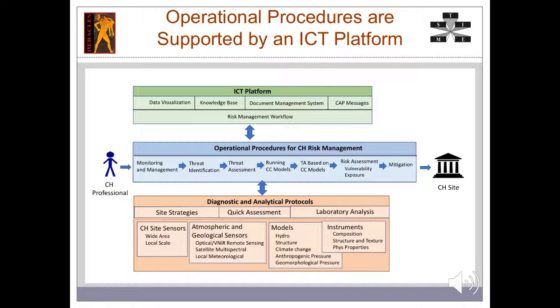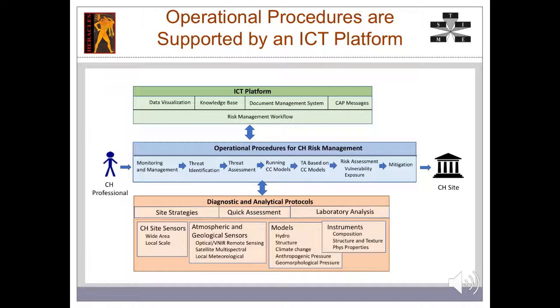However, this general approach is intended to be generalizable to any cultural heritage site. So the knowledge base is there to provide a very flexible means to record information about the sites, about the ongoing analysis, about decisions that have been made to carry forth preservation, conservation, that sort of thing.